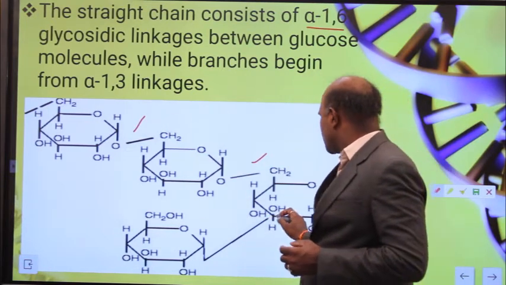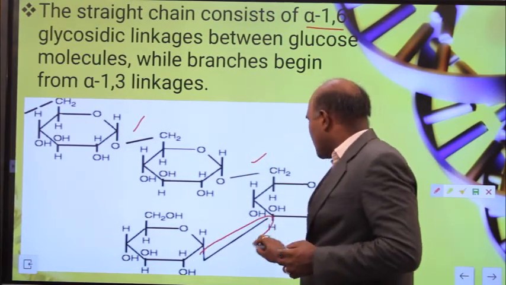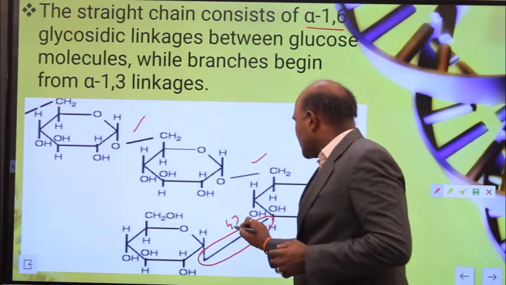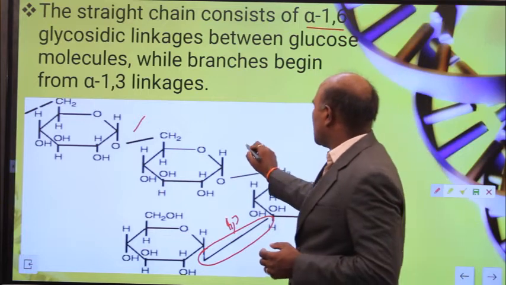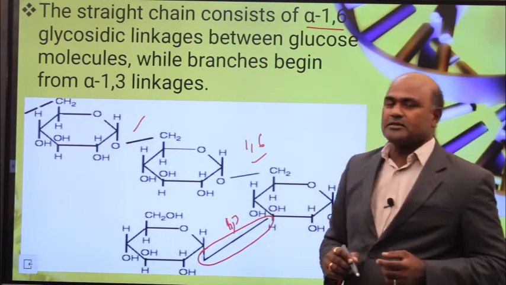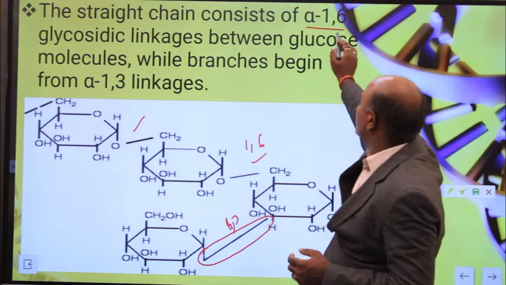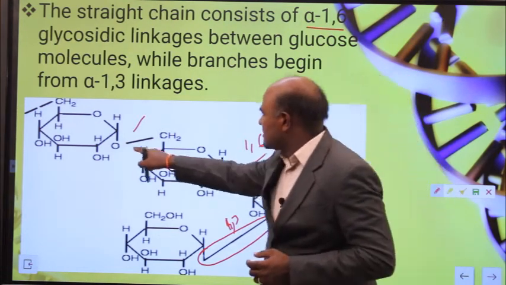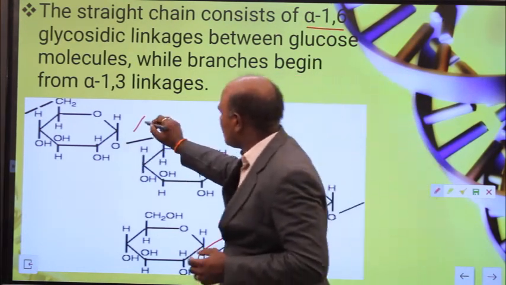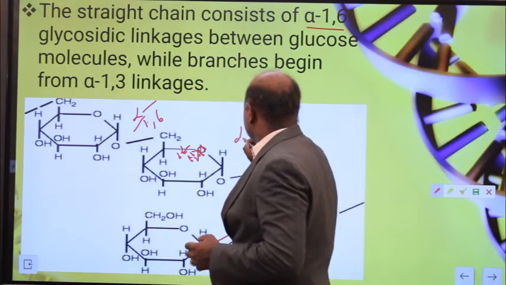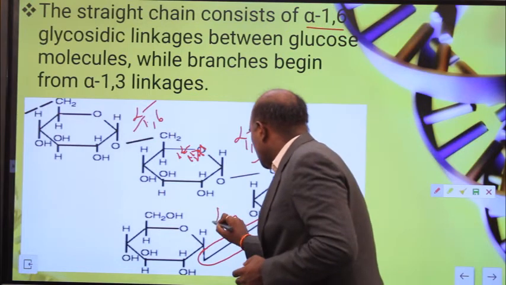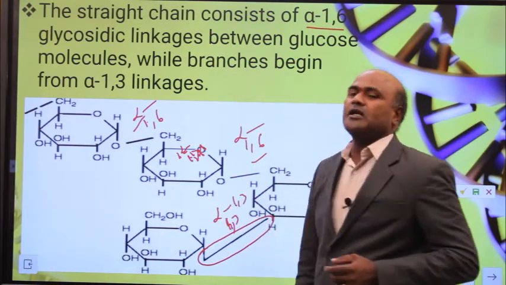When the branches begin from here, this is alpha 1,3. The straight chain is all alpha 1,6 linkages, whereas this one is alpha 1,3 linkages.